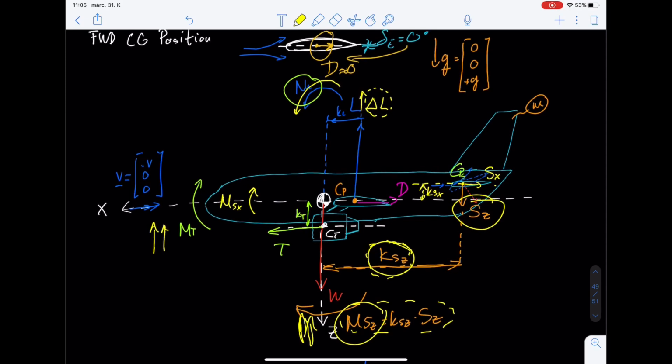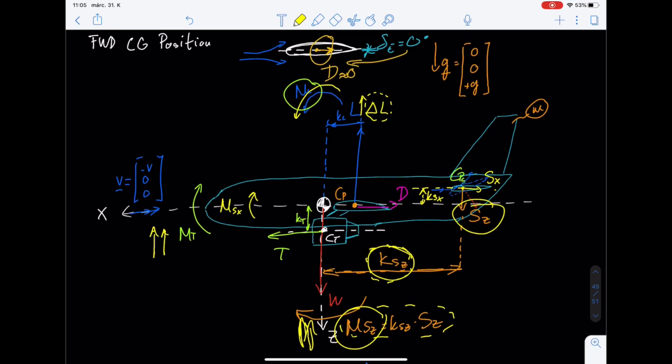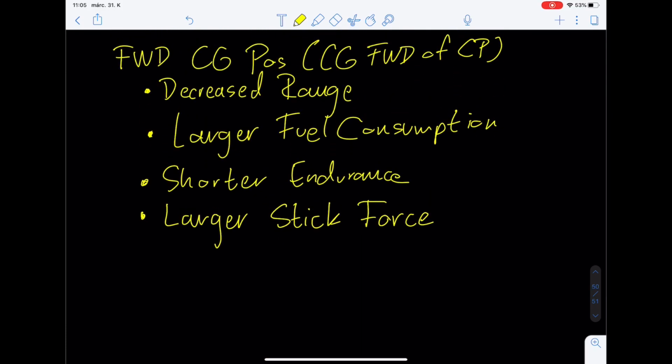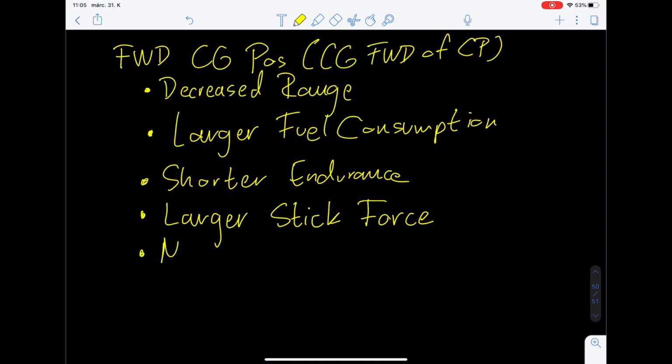And here you can see that in this state, the aircraft to a disturbance, the initial tendency of the aircraft would be to try and generate a motion against this disturbance tendency, right? So it wants to go back to its initial state. So therefore, this CG position would be what we call more stable.